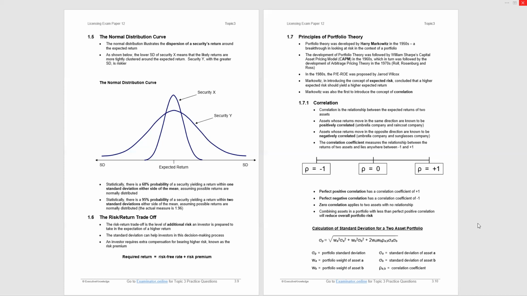Plus 2 multiplied by the weighting of the first asset, multiplied by the weighting of the second asset, multiplied by the correlation coefficient between the two assets, and that will be somewhere between -1 and +1. Then we multiply that by the standard deviation of A multiplied by the standard deviation of B.